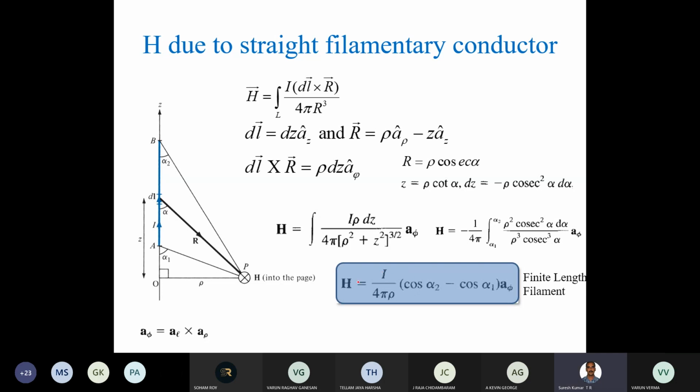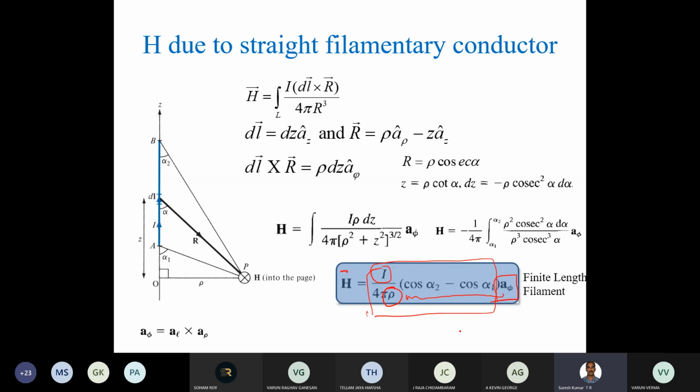Now let us try to understand. As expected, magnetic field intensity is directly proportional to the strength of the current, and as you are moving away from the conductor, the strength of the magnetic field will reduce, and it's a function of length. So these are all scalar parts. What about the vector part?